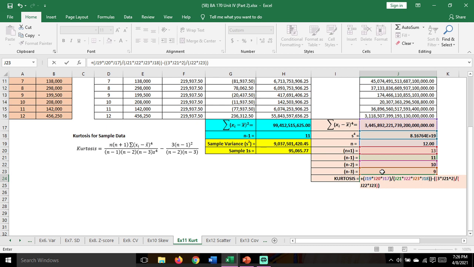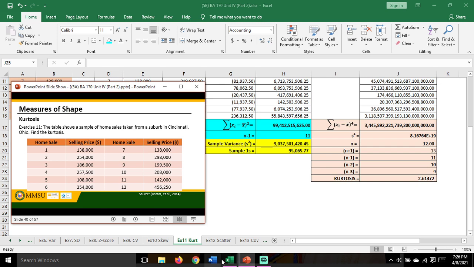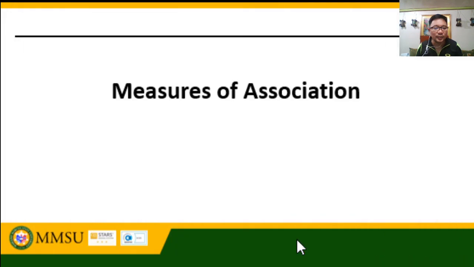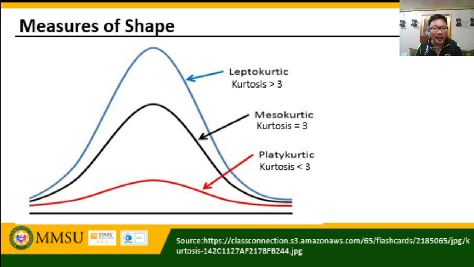Okay. So, tingnan natin kung correct yung ating makukuha. So, we have 2.61. So, going back to our example, in our PowerPoint, or in the figure, yan. So, 2.61. So, mas mababa siya sa 3.